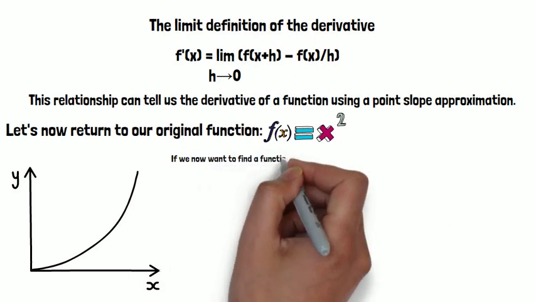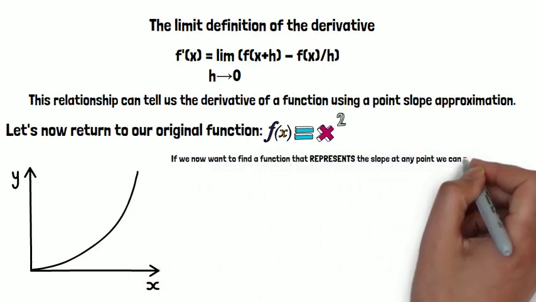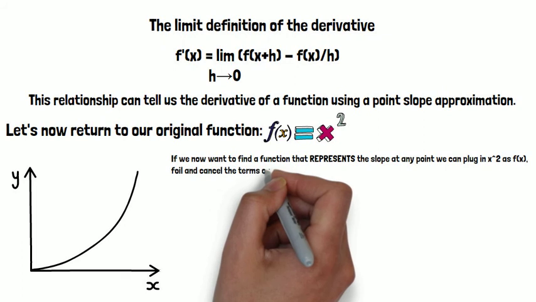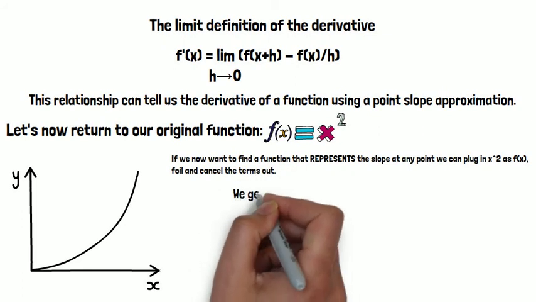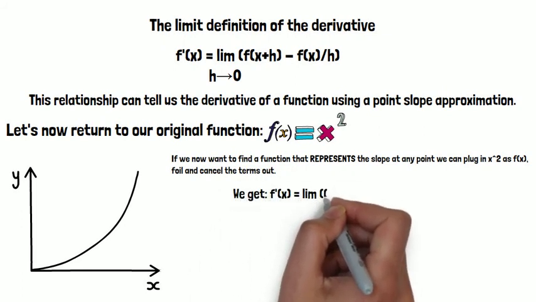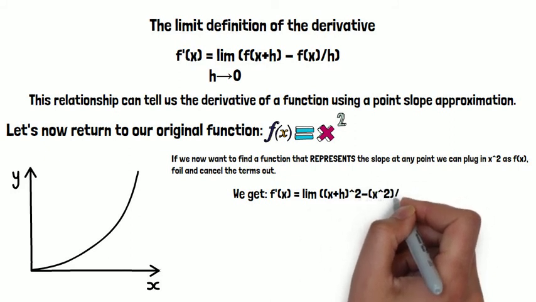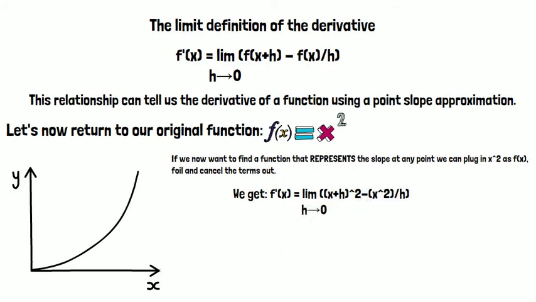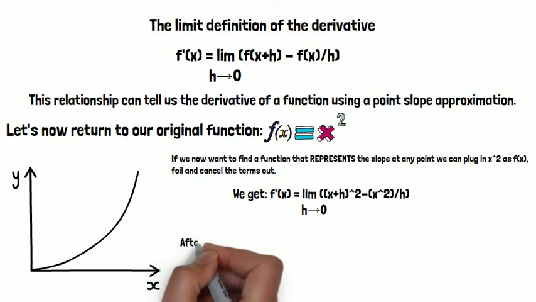So we have our graph f of x equals x squared. Now we want to find a function that can represent the slope of that tangent line at any point. If we plug in x squared to that, we get the following.